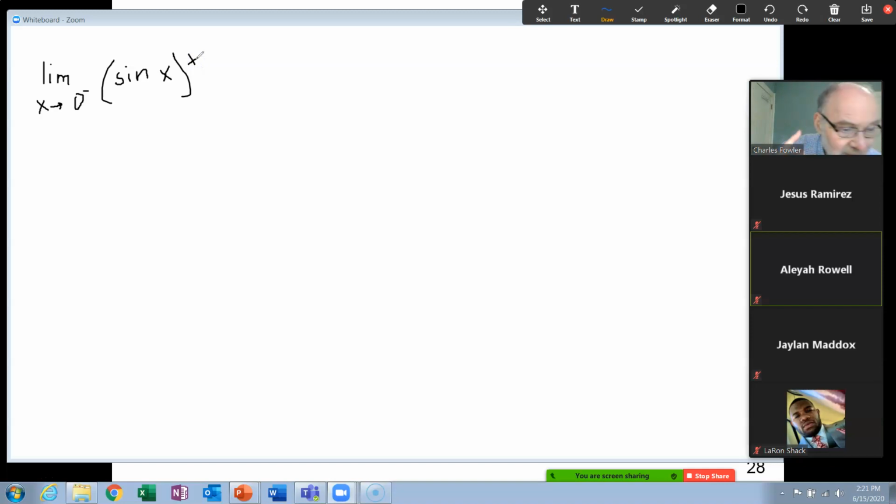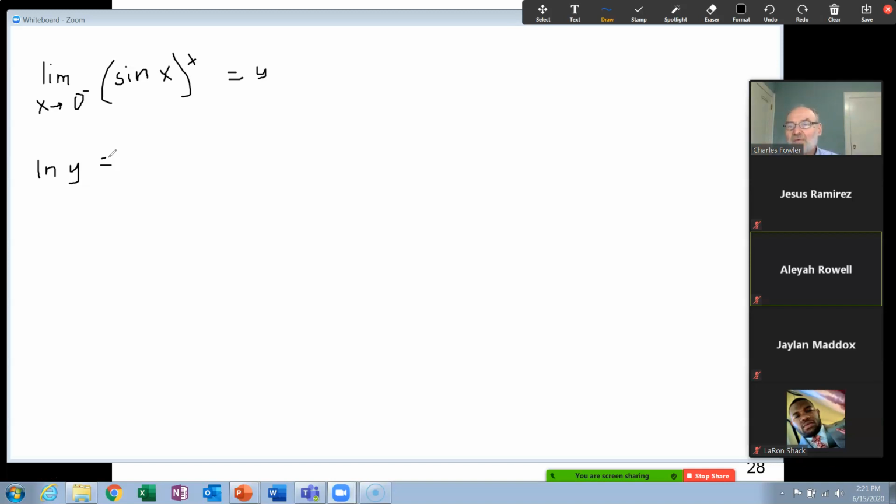Okay? And very similar to what we did before, we'll set this equal to some value y. And then we'll take the log of both sides. I'm going to flip sides now. So the log of y is equal to, and all the things that applied before, this is a continuous function, all that kind of stuff.